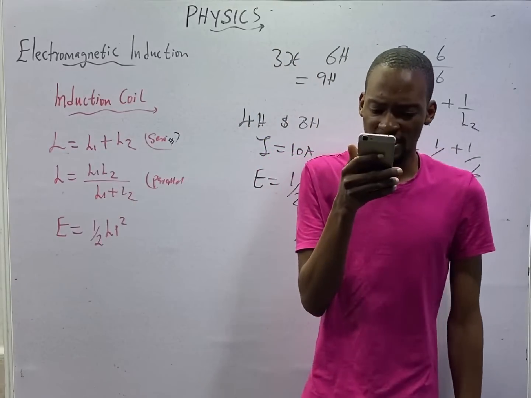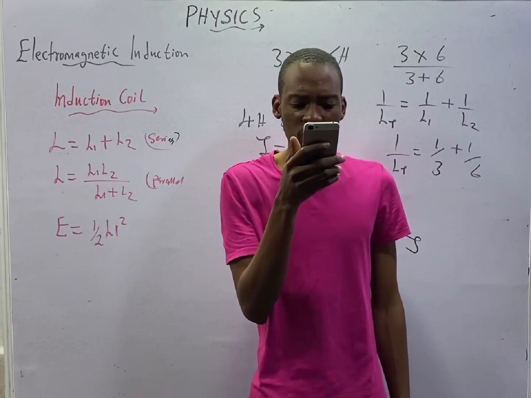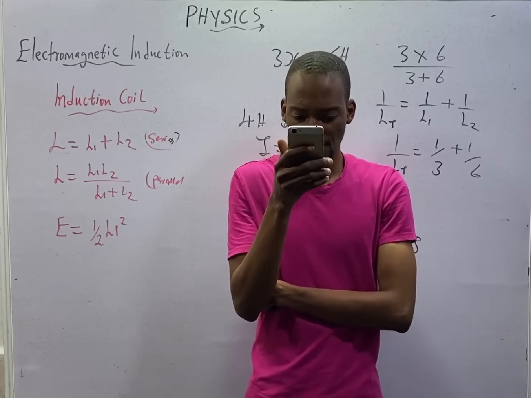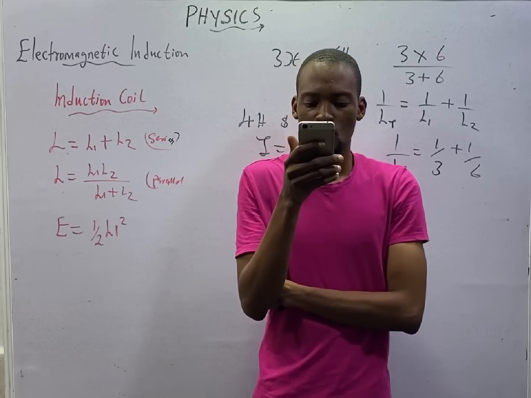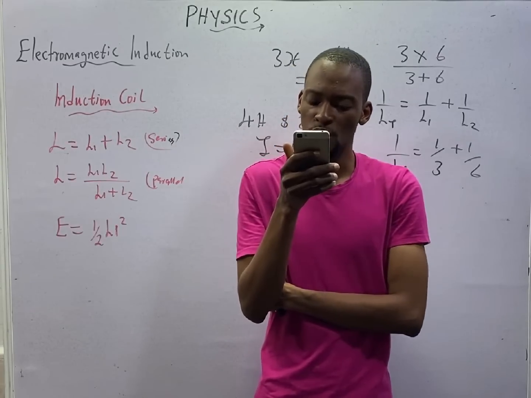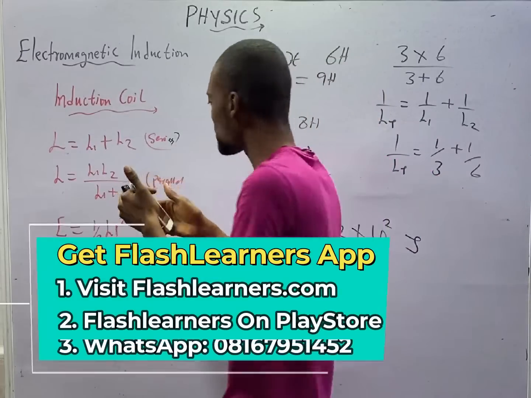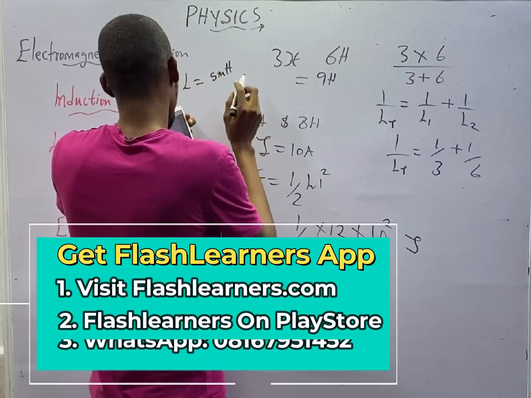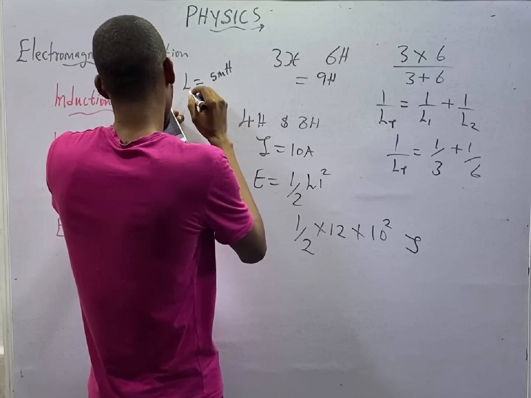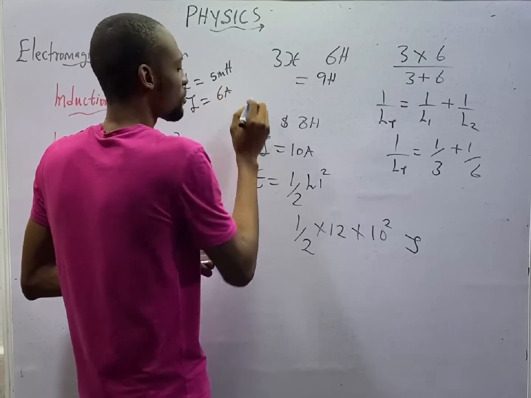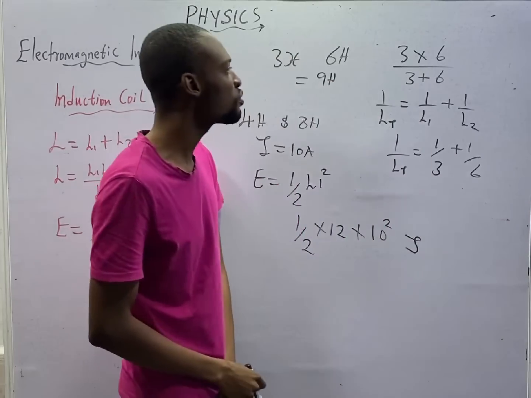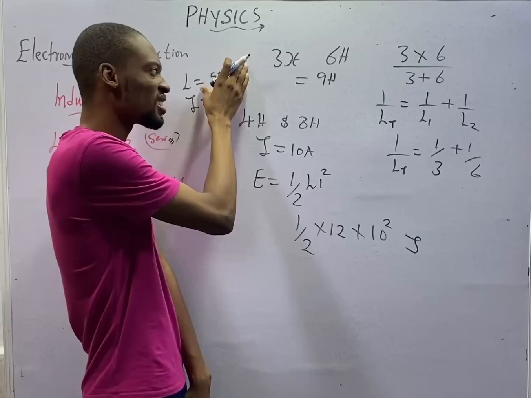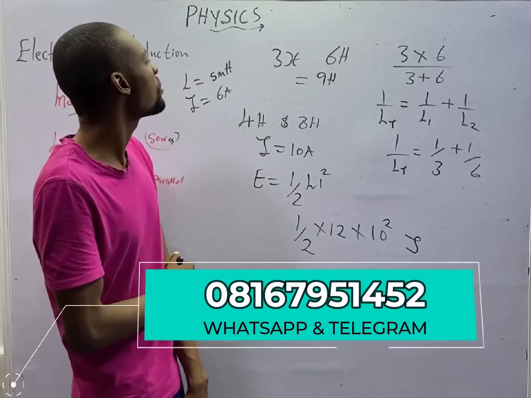This question says: the total energy stored in an inductor of inductance 5 millihenry when a current of 6 amp flows is dash. We are given the inductance L to be 5 millihenry, and the current to be 6 amp. In this case, we don't have two inductors, we have just one, like the equivalent inductance. This is the inductance, not the inductor. It is in millihenry.